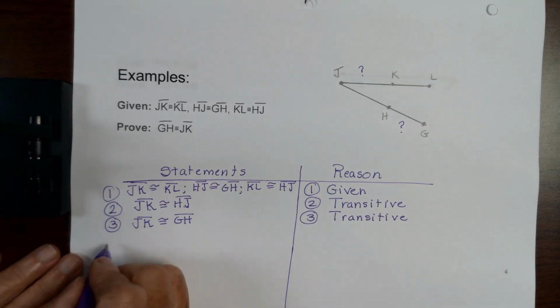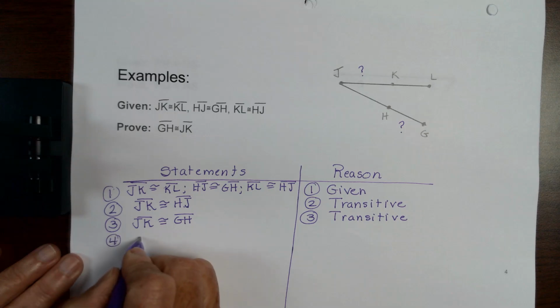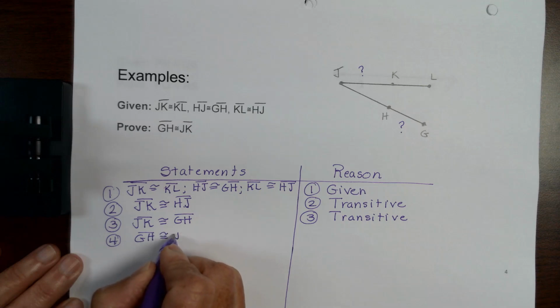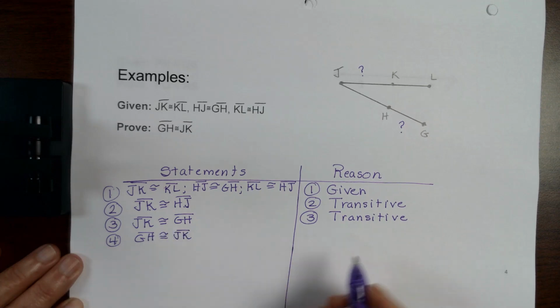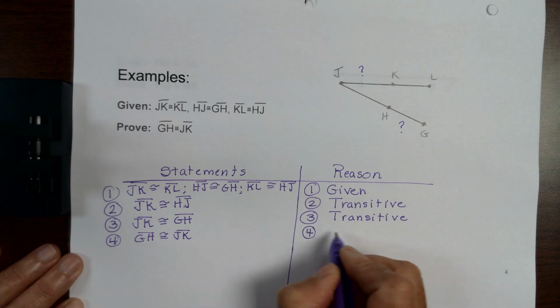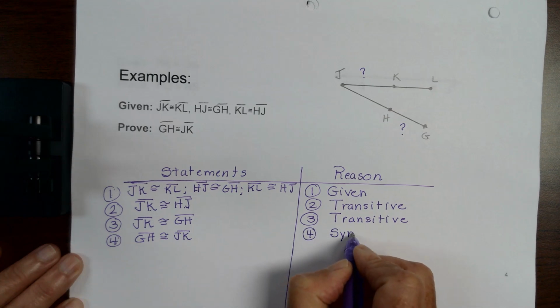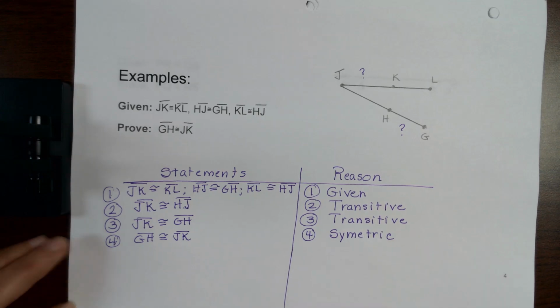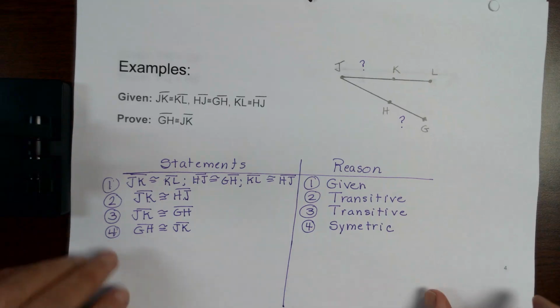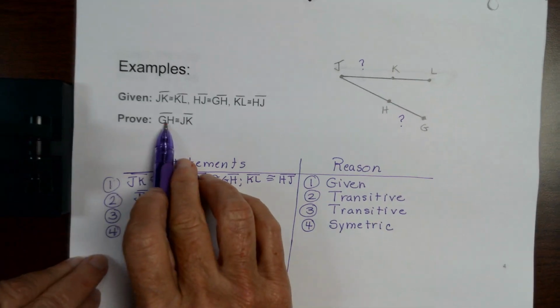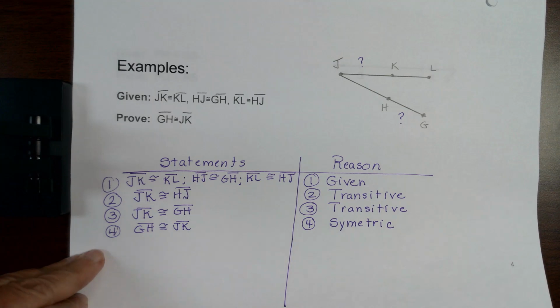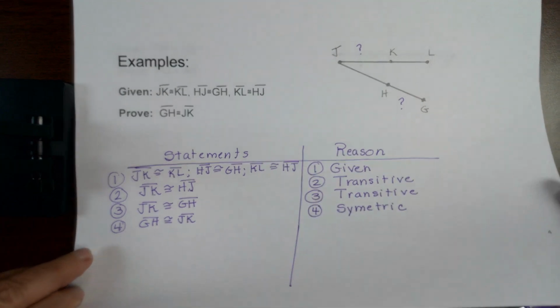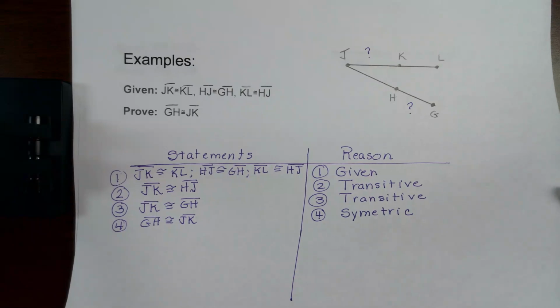So I have to switch the order here, and I have to go GH is congruent to JK, and I'm allowed to do that because of symmetric property. Symmetric property says I can just switch sides. All right, so that proof is done. I was trying to prove that GH is congruent to JK, which is what we did, just using transitive property. But you have to give a reason for everything you do.